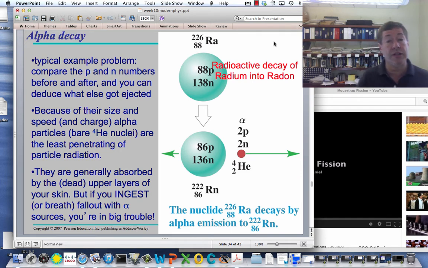By the way, radioactive decay could also happen for small, light nuclei that are less than iron 56 if they have the wrong combination of neutrons and protons. So that could be unstable also. So anyway, radioactive decay wants to happen a lot. It's a result of the fission of one nucleus into smaller pieces.